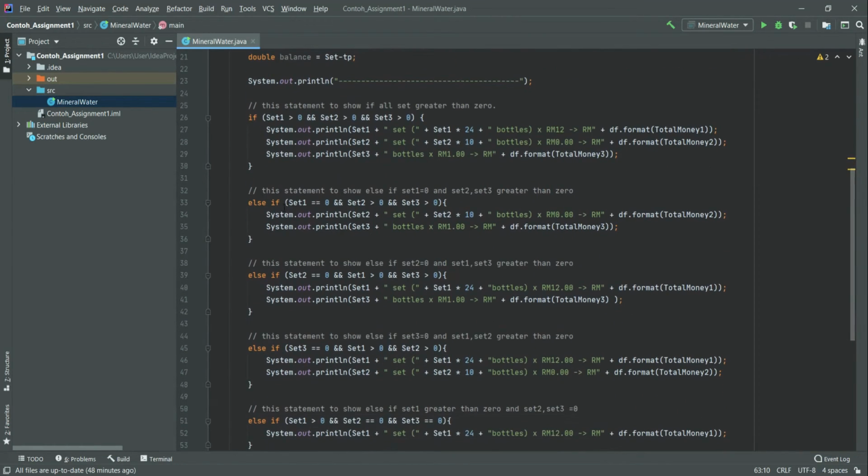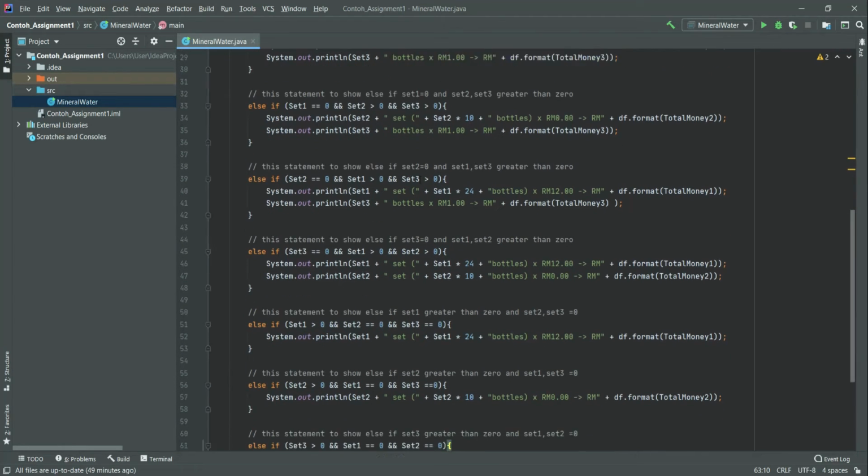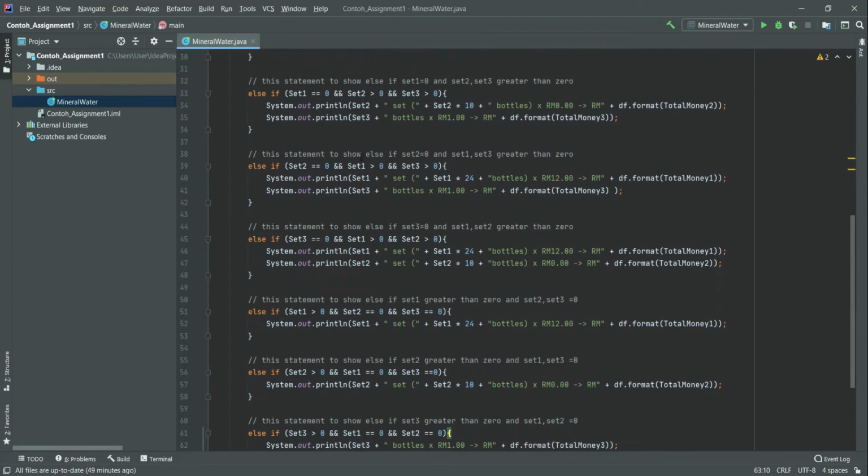Next I will do the statement: else if set 1 equal to 0, set 2 greater than 0, and set 3 greater than 0. This is the calculation. Next, else if set 2 equal to 0 and set 1 and set 3 are greater than 0.